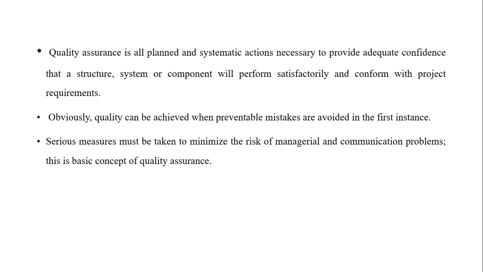So here they are telling that whatever material we are using should perform satisfactorily for the project, be it a building or an apartment. For any type of project, it should suit that project. So we have to check whether the quality is fitted to that project or not. That is called quality assurance.